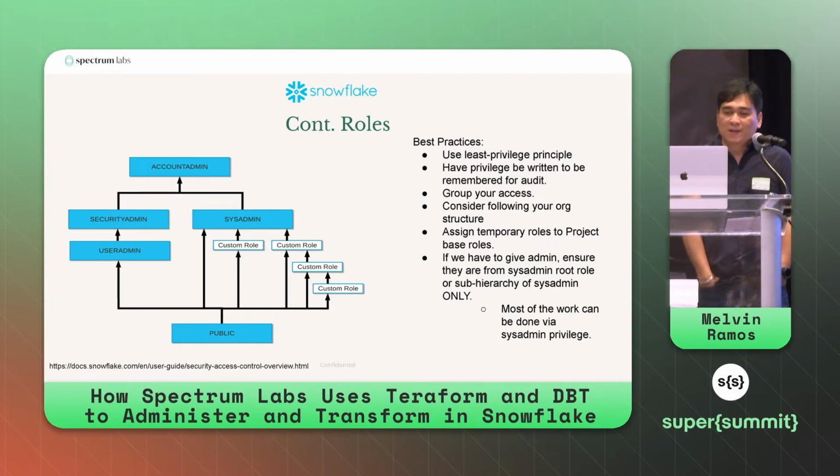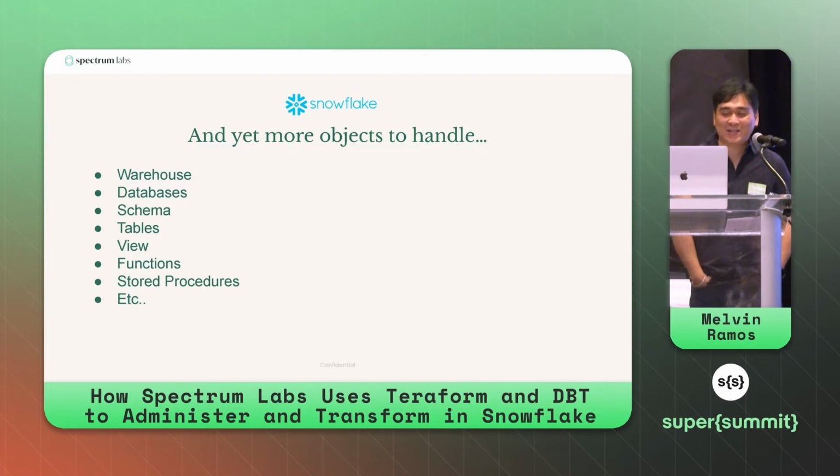All right. Aside from the roles, obviously, there are a lot of things that need to be handled. Like I mentioned earlier, the warehouses, the database, schema, tables, views, functions, etc. They need to be handled in such a way that they can be tracked back: what were the changes, what was done, what caused that change, and why we did it, right?